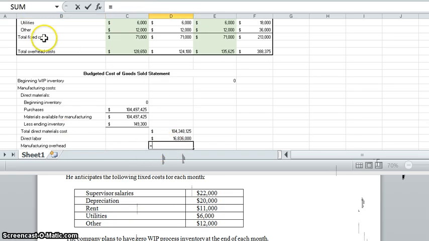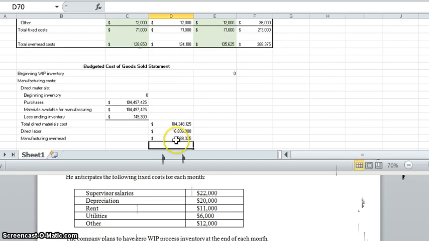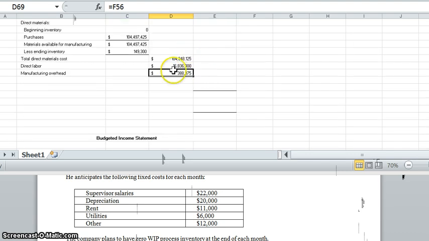So we can go to our manufacturing overhead budget, and there's our total right there. All right. Add those 3 items up to find our total manufacturing costs.